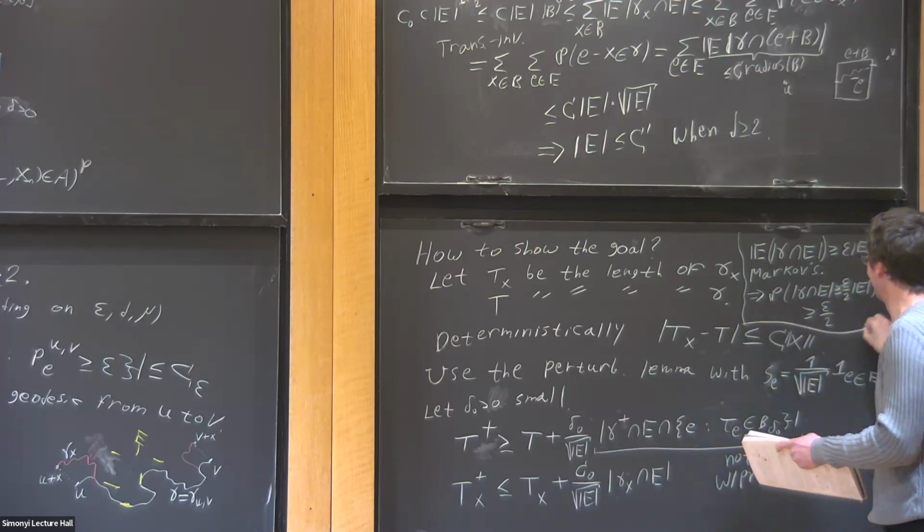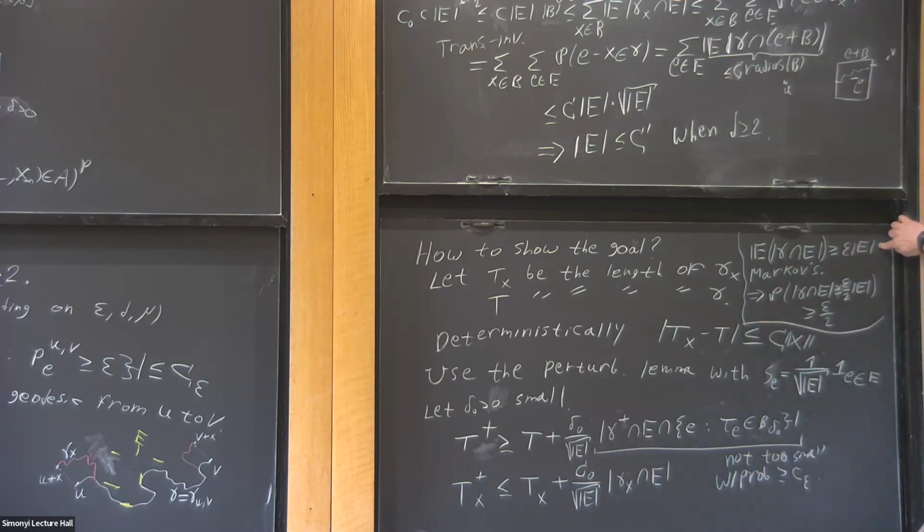So just from the expectation and Markov's inequality, reverse Markov's inequality, if you will, you can get that there is a chance that gamma intersects the set of its influential edges on a proportion of positions.